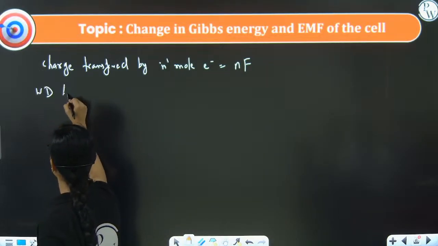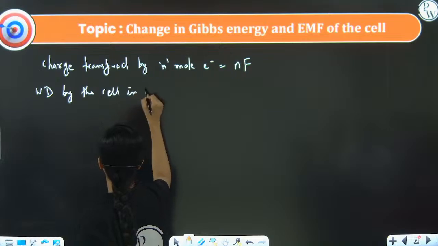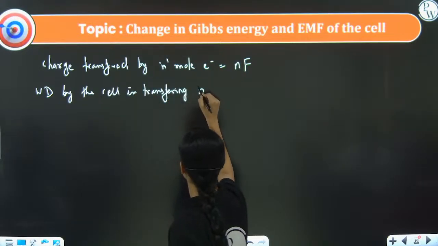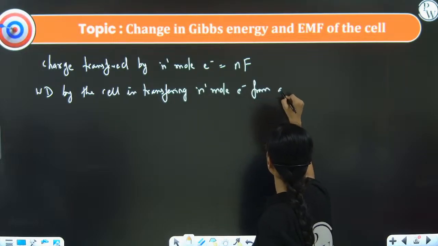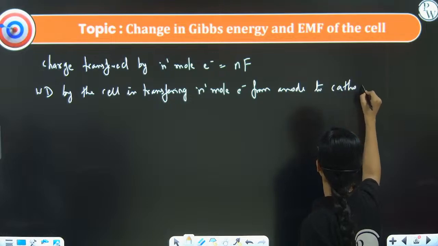So work done by the cell in transferring n mole electrons from anode to cathode will be equal to how much?